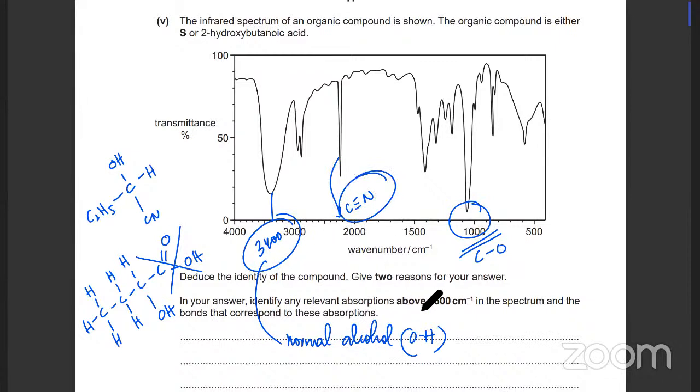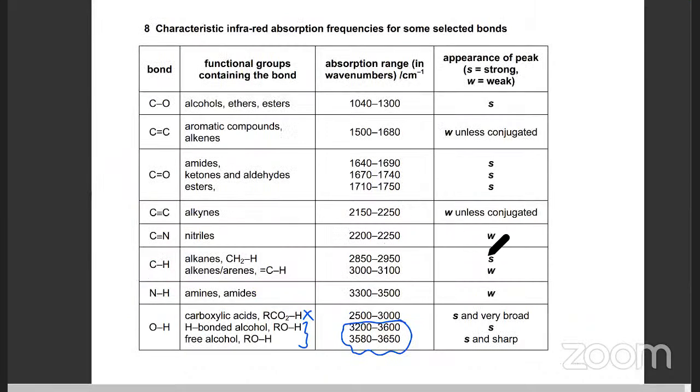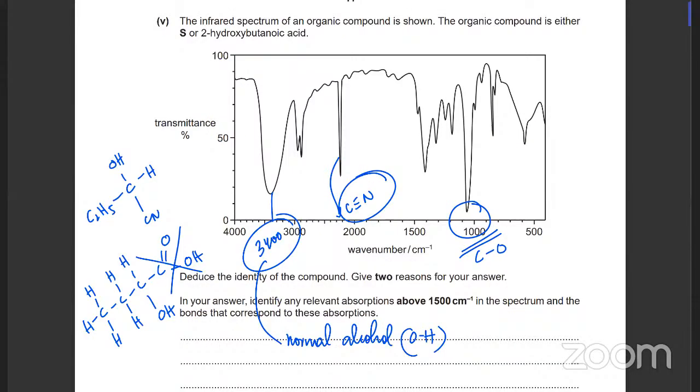So that confirms it. The peak is sharp, but it's also weak. The newer data booklet won't even have the description of the peak, so you'll just have that it's a weak peak. Remember the difference: this one is a strong peak, and this one is a weak peak. Is that clear?